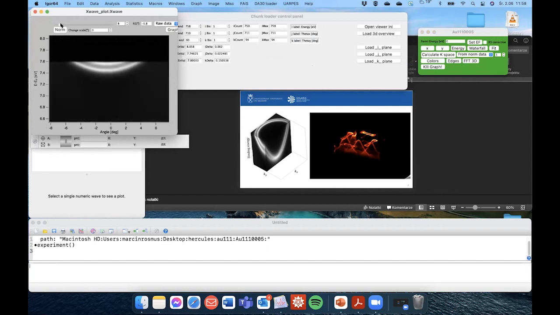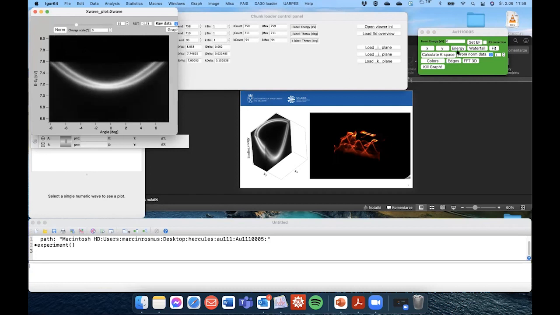And with this slider, I can change the angle in which the photoelectron has been recorded. So I think with this window and with this picture in the background, you can easily imagine what is done here.